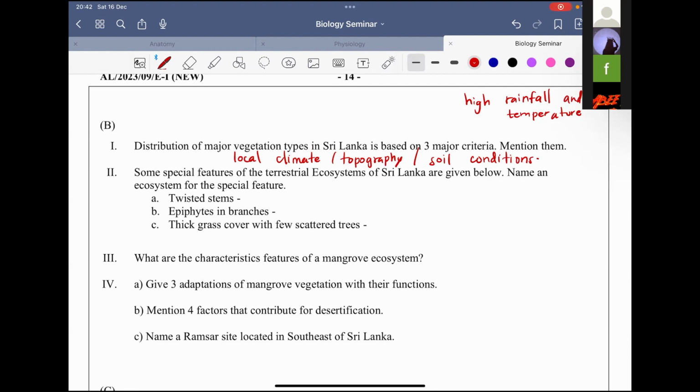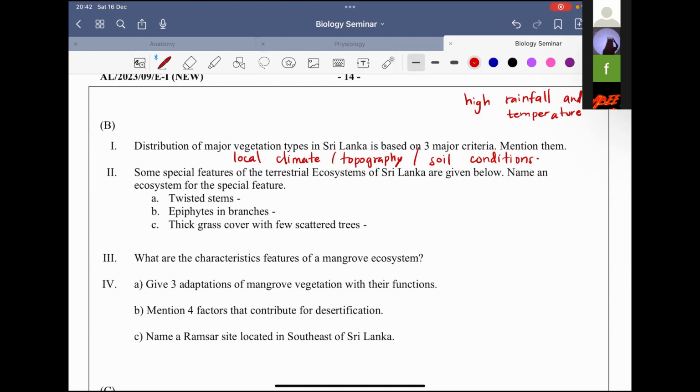Let's see, twisted stems. So where are twisted stems present? Twisted stems are in the tropical montane forest. I'm not going further deep because these are from your resource book. Please try to read and understand. So twisted stems are there in the tropical montane forest.